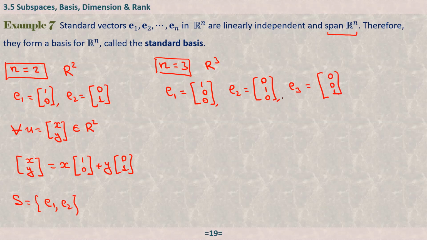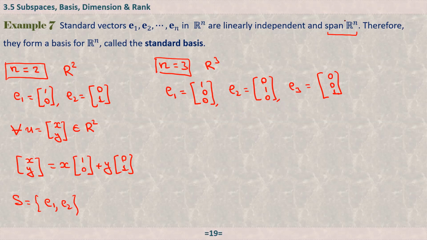We know that these three vectors are linearly independent. We know how to show this because if you write them in a matrix, it is already in reduced echelon form. We have three pivots here, so these vectors are linearly independent.